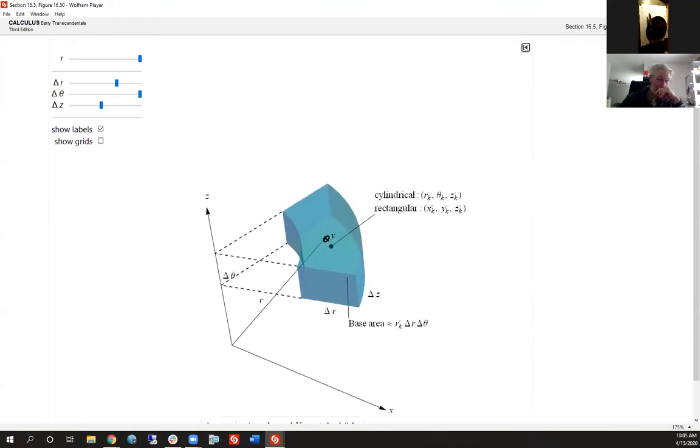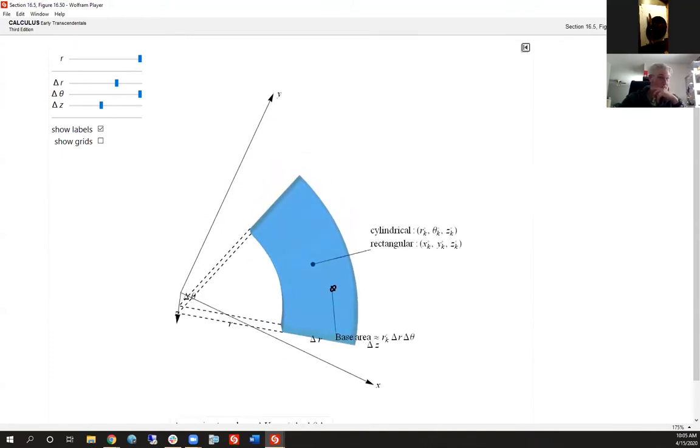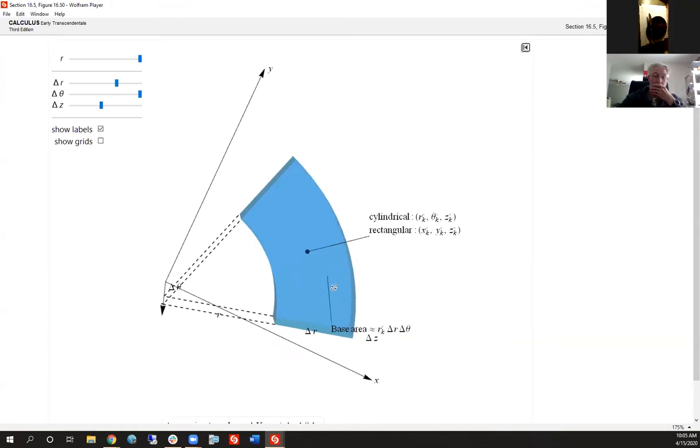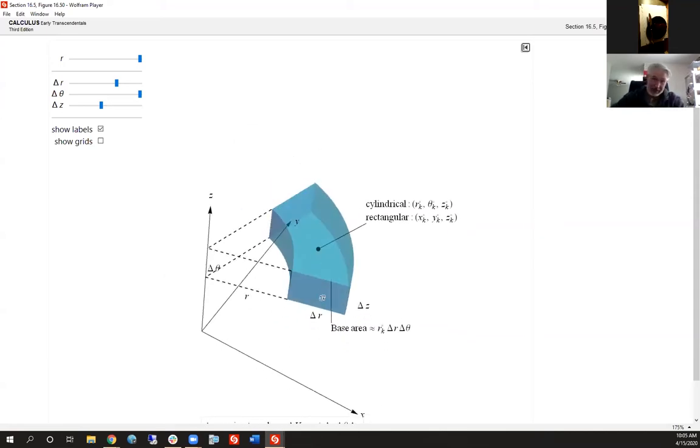And you'll notice this looks very similar to what we had in polar coordinates. And the area, as you may recall, of the differential element in polar coordinates was r dr d theta. And so here we're going to have the same thing, but we're going to add another component.